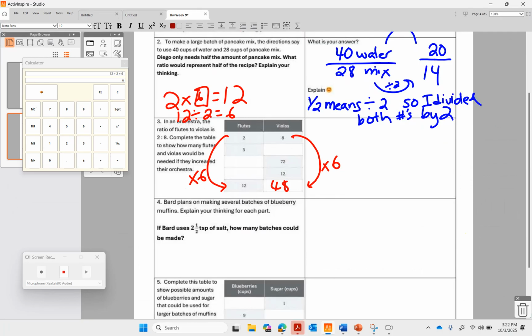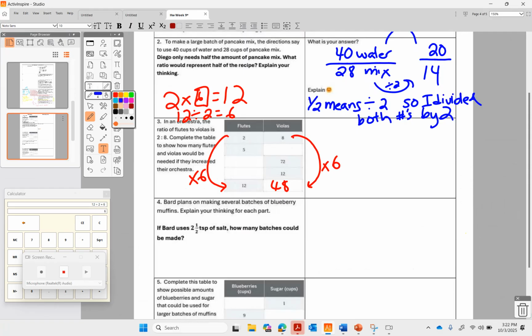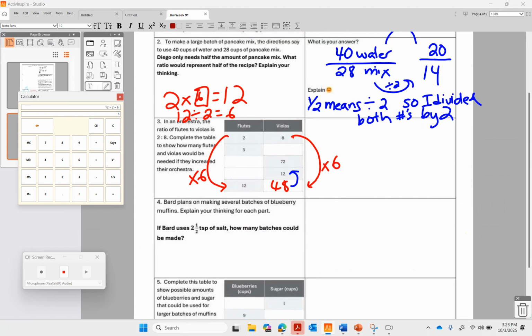So I'm going to work a little backwards here. Now, next set of numbers. I happen to know that 48, to get to 12, I'm going to divide by 4. But if I don't know, I could say, okay, well, I know 48. I know I'm getting smaller, so I'm dividing. It's 4. So I'm dividing by 4. 12 divided by 4 is 3.